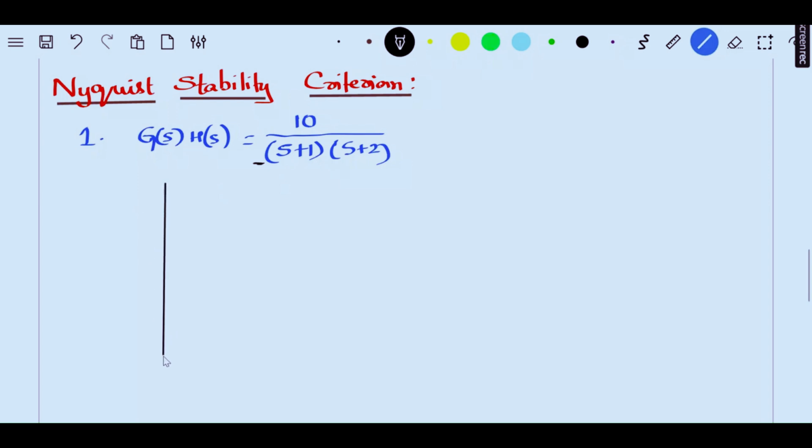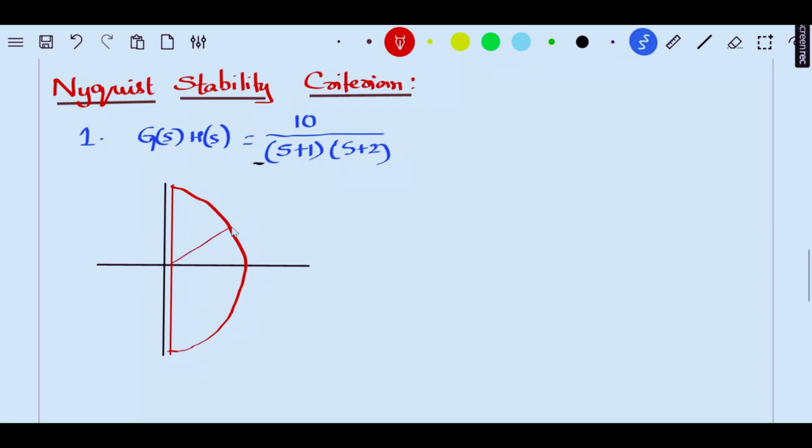I'm going to write the contour diagram which we are going to use for this particular problem. You will not be getting any small semicircle here. You will have an outline like this, and then a semicircle in this way, with R tends to infinity.